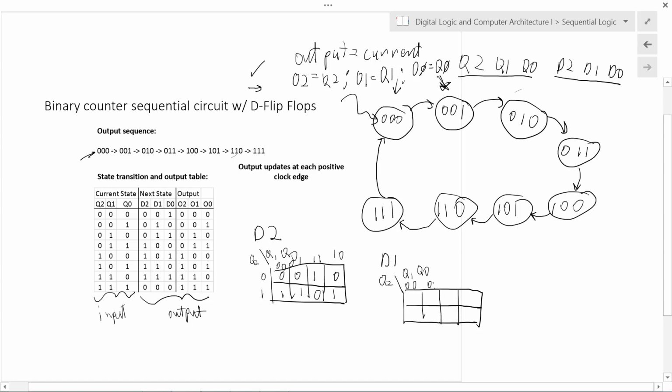Zero, zero, zero, 1, 1, 1, 1, 0, 1. So I'm just going to copy, before I just copied this column, now I'm going to copy this column.